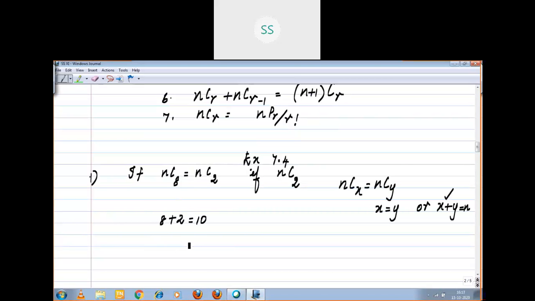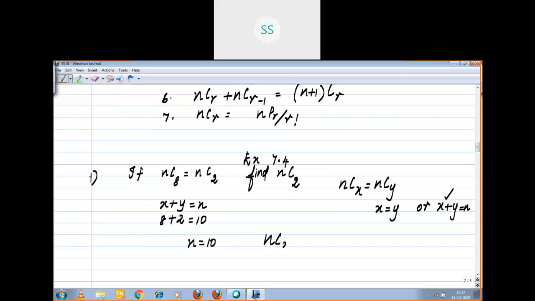So what is your n at present? n equals 10, since x plus y equals n. Now they are asking to find nC2. Sorry, instead of find I wrote if. Sorry, children. Find nC2. So n, you know, is 10.